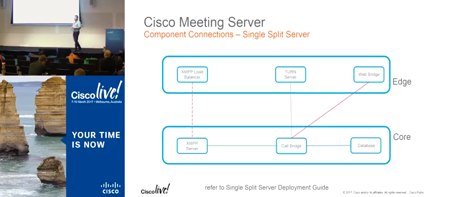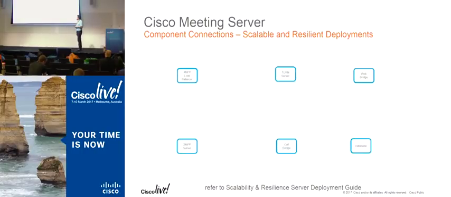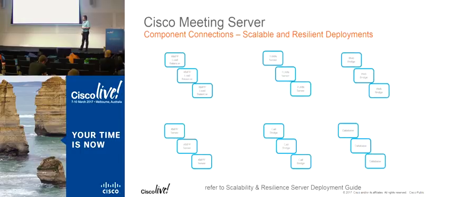Now, when we're looking at spreading this over multiple locations, let's say we're going to have 3 single split scenarios. We then are able to create this highly resilient infrastructure or deployment. So for example, we're able to have the XMPP servers connect and mesh between all of the XMPP servers within all of the locations, and we're able to cluster the XMPP servers together.